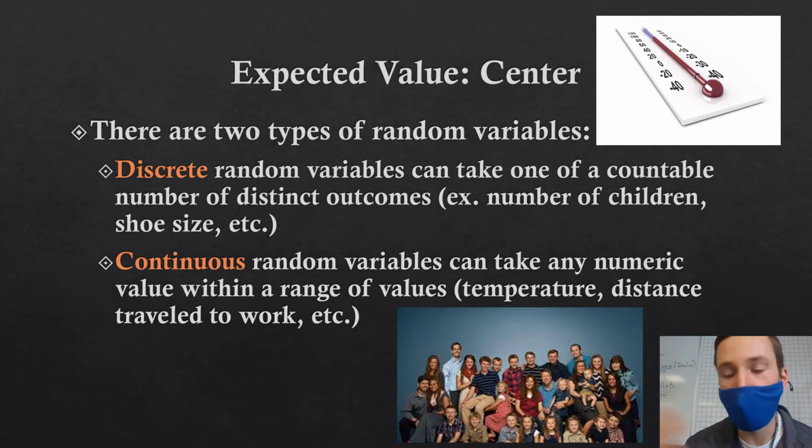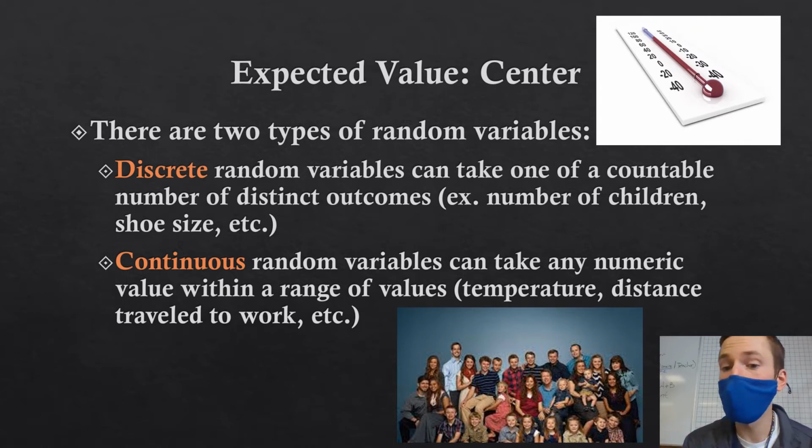For example, you can't have 4.5 siblings. Because there is some number in our range of values that our variable can't take on, it is considered discrete. Same thing with shoe size. If we have a range in the classroom of size 5 shoe all the way up to size 14 maybe, there are sizes within that range that the variable cannot take on. There is no size 13.763 for a shoe, so that would be discrete as well.